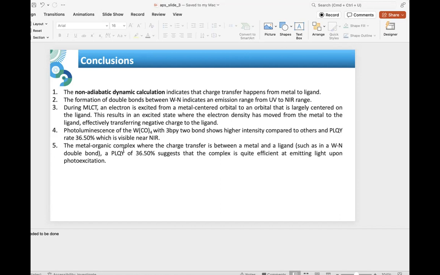These values we are able to see because of the formation of the bond between tungsten and nitrogen, which suggests that the complex is quite efficient at emitting light upon photoexcitation.